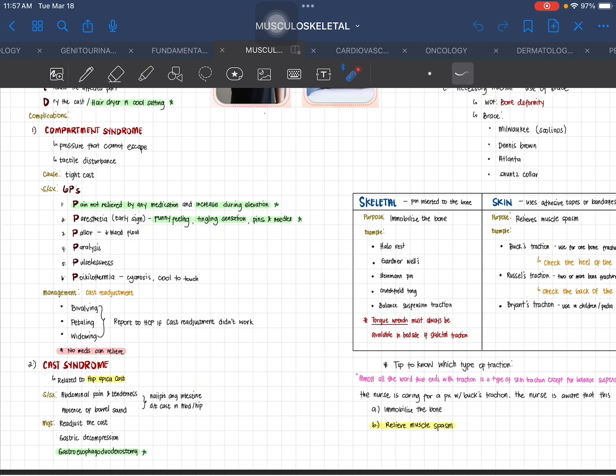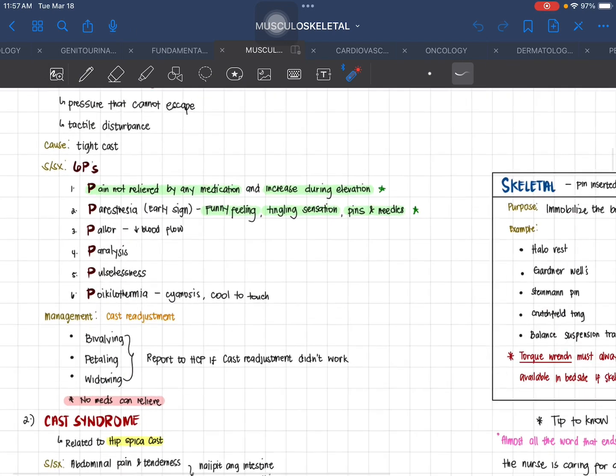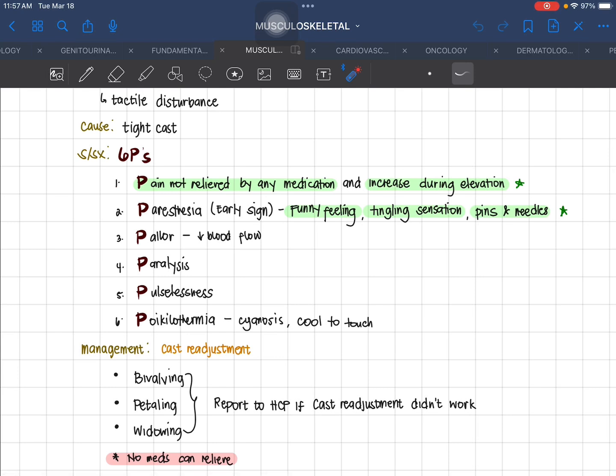So, merong 6 P's sa compartment syndrome. Ang 6 P's na signs and symptoms ng compartment syndrome, of course, pain. May pain ka na may experience. Yung pain na yon, it cannot be relieved by any medication. So, kahit anong inom mo, hindi siya mawawala.